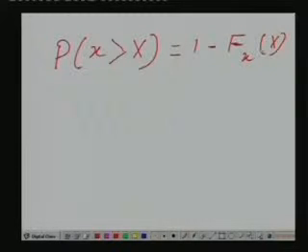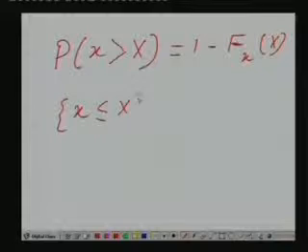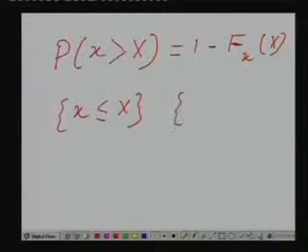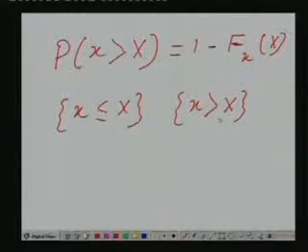Now, this is quite easy. Consider these events and these events, these are mutually exclusive.